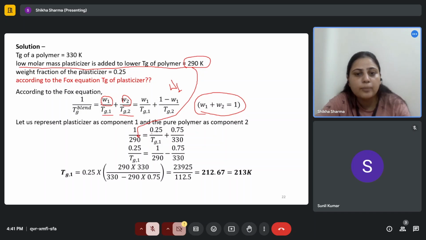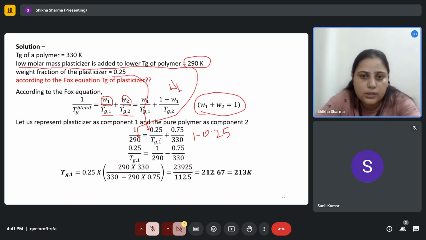So 1 upon 290 equals the weight fraction of the plasticizer, which is 0.25, given in the question. So we can put that here. Then 1 minus the plasticizer weight fraction, which is 1 minus 0.25, is nothing but 0.75, right?